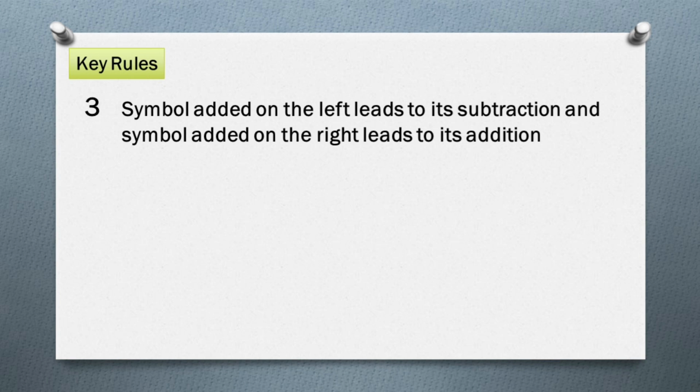The third rule is that a symbol added on the left leads to its subtraction and a symbol added on the right leads to its addition. If we have a 10 and add 1 to its left, 1 gets subtracted from 10 and the number becomes 9. If we add 1 to the right of 10, 1 gets added to 10 and the number becomes 11.